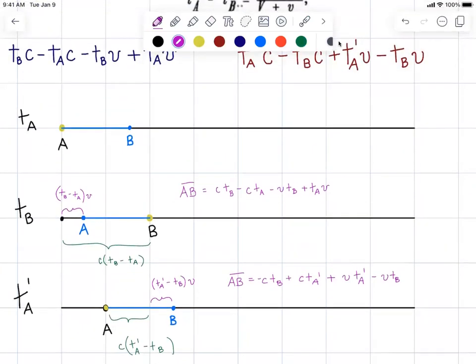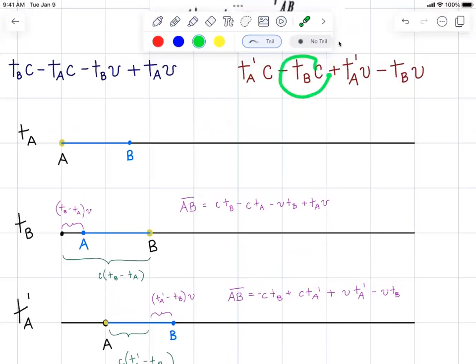And now we can compare. So negative TB times C, negative TB times C, TA prime times C, TA prime times C, TA prime times V, positive, TA prime times V, positive, and negative TBV, negative TBV.